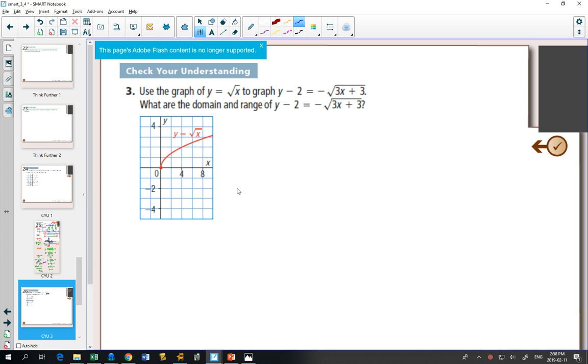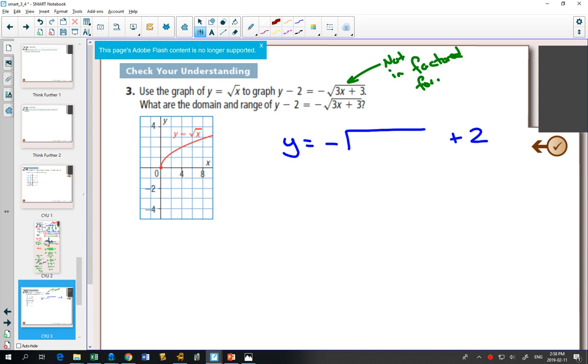And once again, just like we've done every other time, we're going to take the time to move things over. So I'm going to add 2 to both sides. And maybe I noticed that this one is not in factored form.